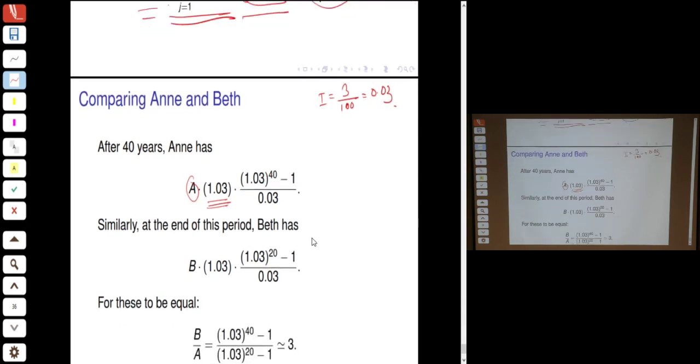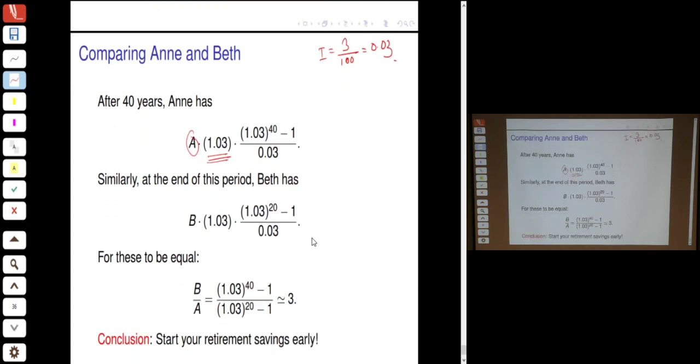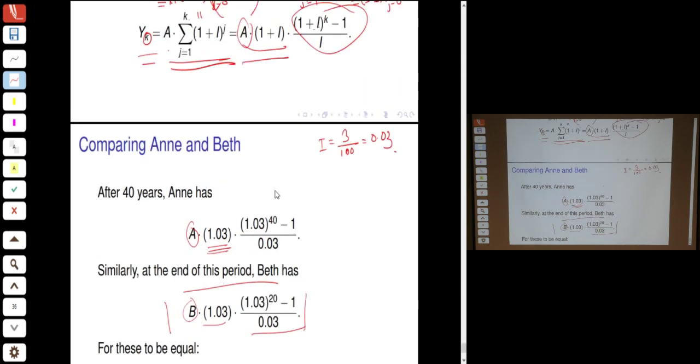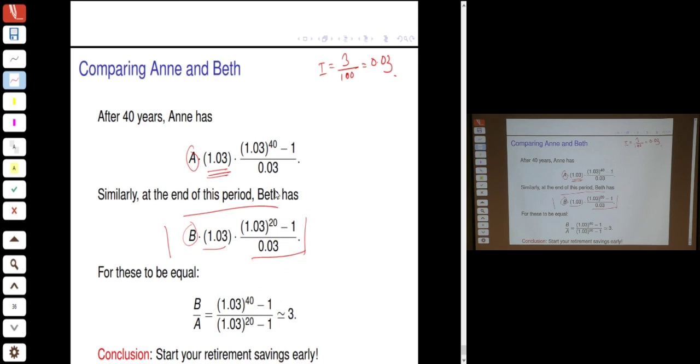Okay. What does Beth have? Beth has, at the end of the same period, B, because she is saving the amount of money at the beginning of every year, times the same calculation repeated for K equal to 20 years instead of 40.